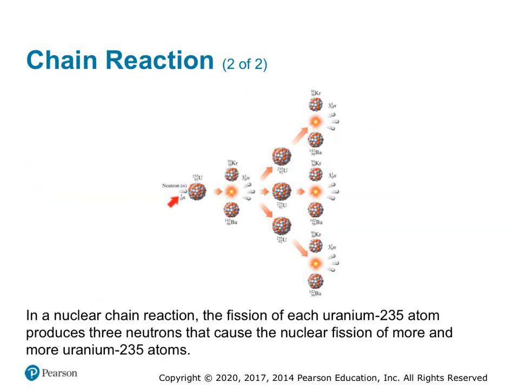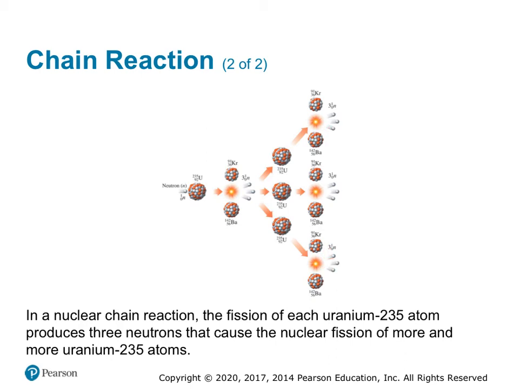Here we see the initial neutrons bombarding the uranium-235 and producing three neutrons. Those three neutrons go on to hit three more uranium-235. So now we have three atoms being fissioned, and they each produce three more.